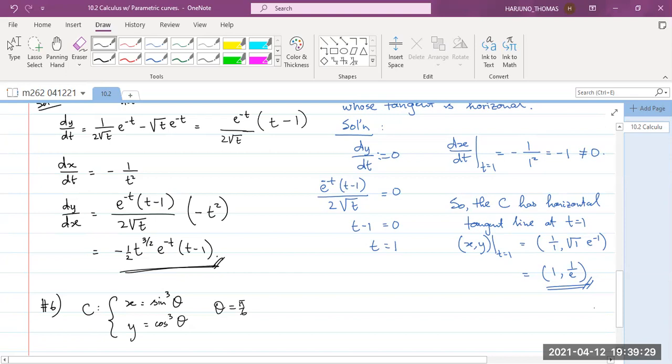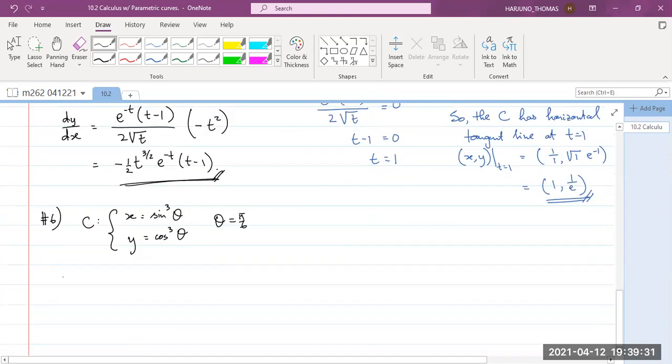Find the equation of the tangent line at theta equals pi over 6.